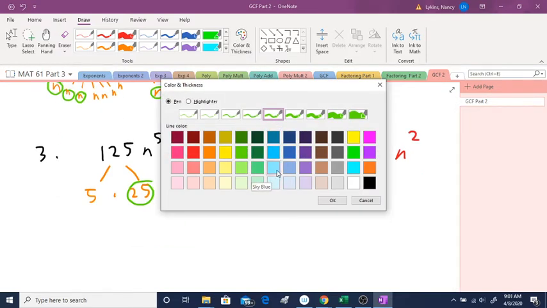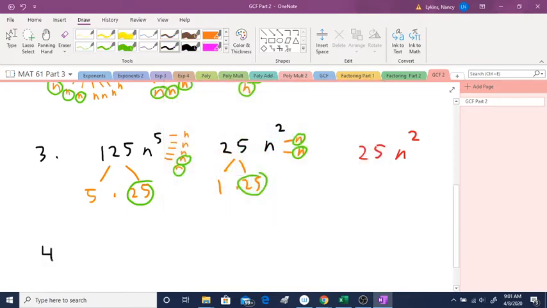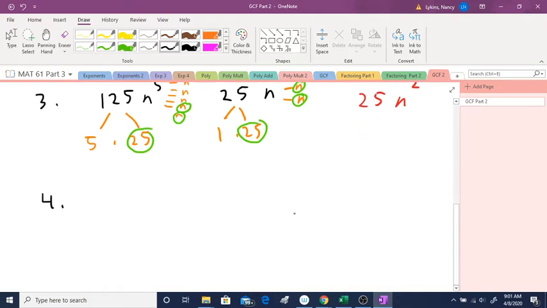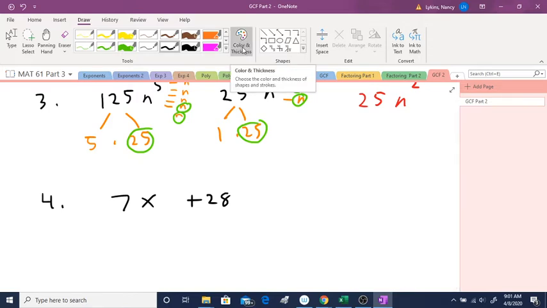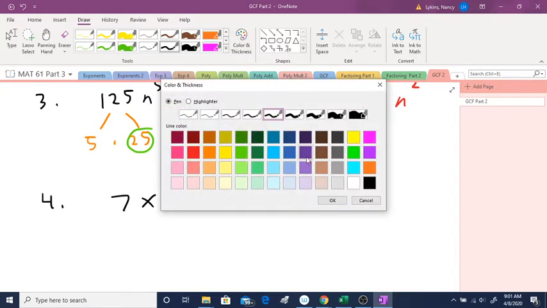Now, the purpose of greatest common factor leads us into the factoring itself. And for this, I'm going to use 7x plus 28. So what we're looking at is two terms. Your first term is 7x. Your second term is 28. So I'm thinking to myself, what do they have in common?